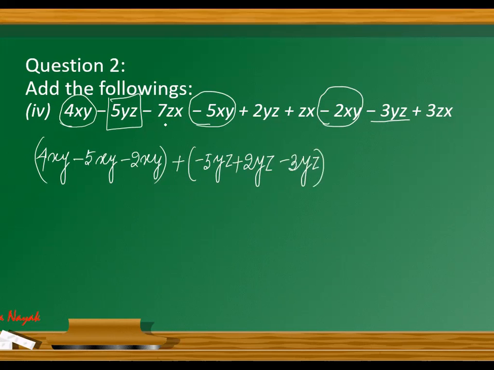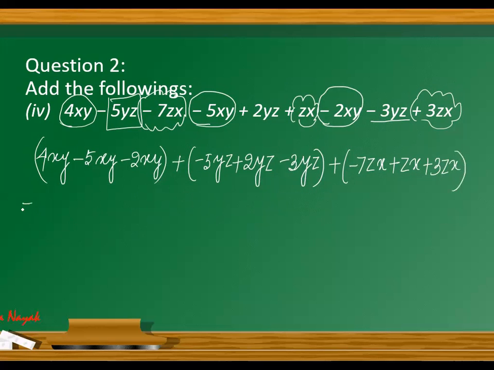Next I'll go for zx. This is zx. How many zx? This is zx, and this is zx. So plus minus 7zx plus zx plus 3zx. So this will be 4 minus 5 minus 2 xy.